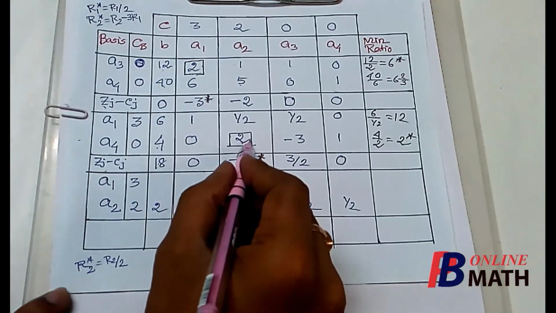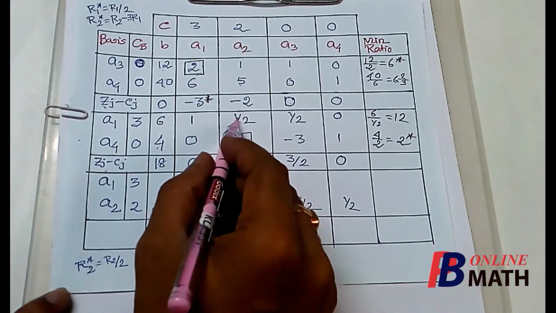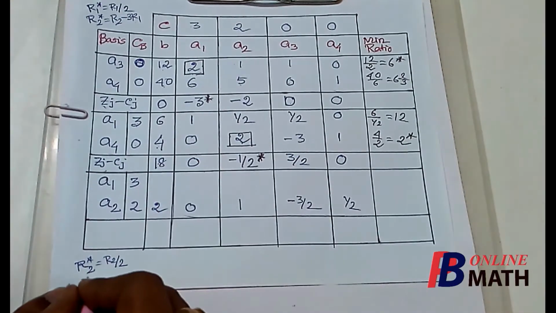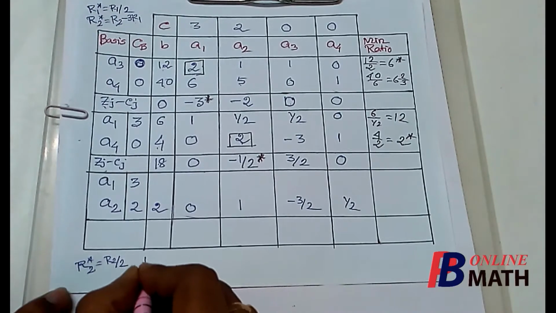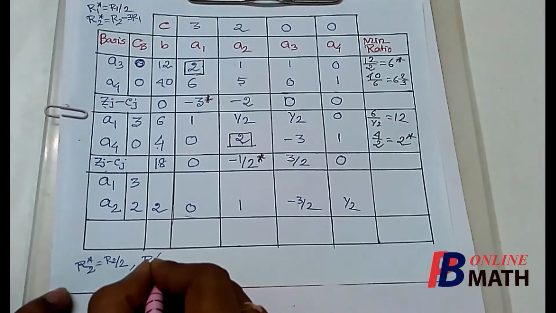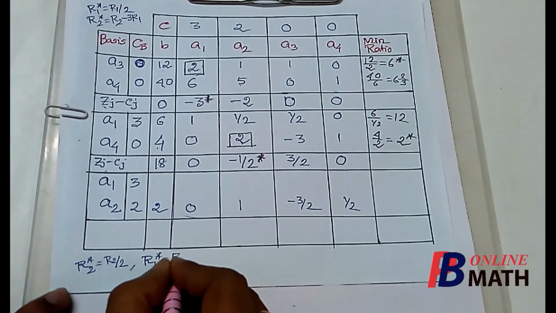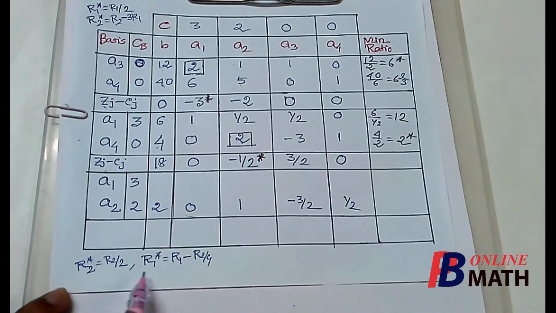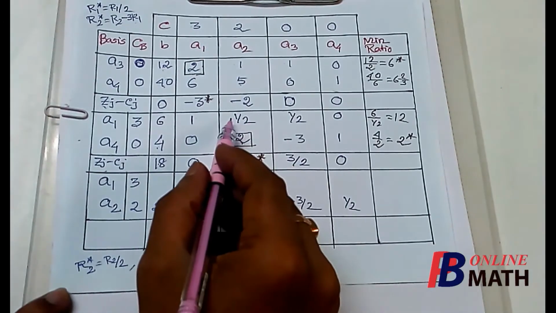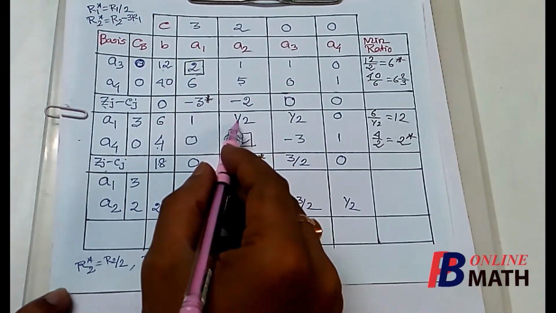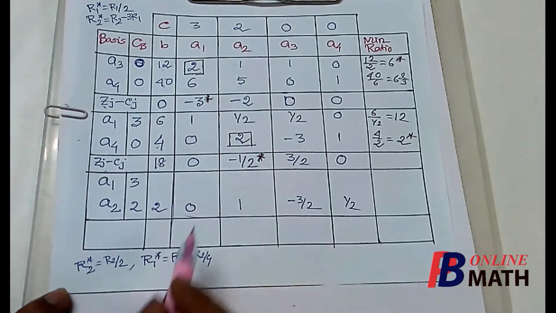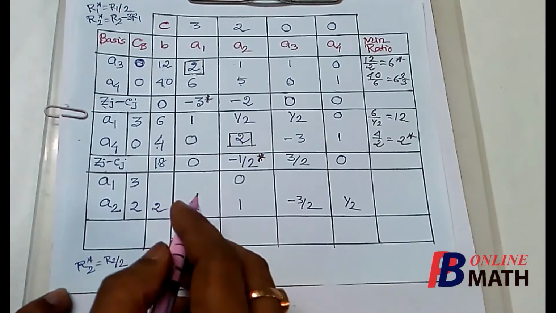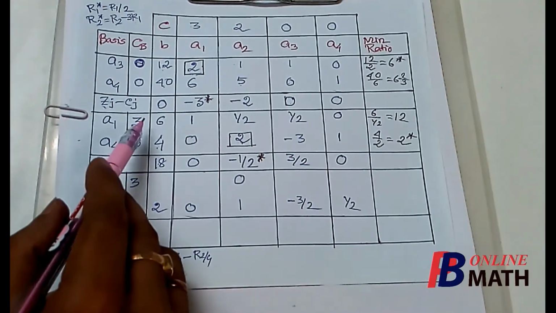Next, using this element, we have to make this element 0 by using row operation. Suppose we are using R1 star equal to R1 minus R2 by 4. If we apply this row operation, then this element will be 0. Now we find the remaining elements.